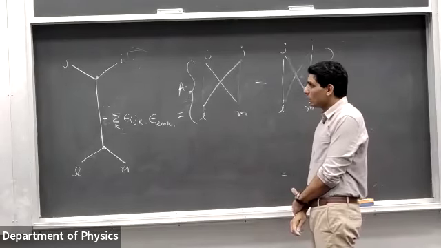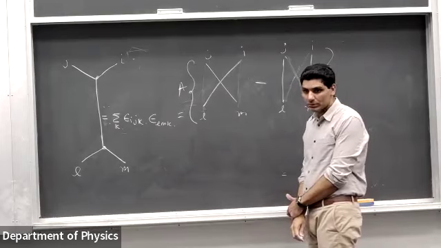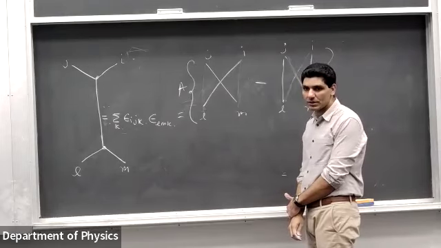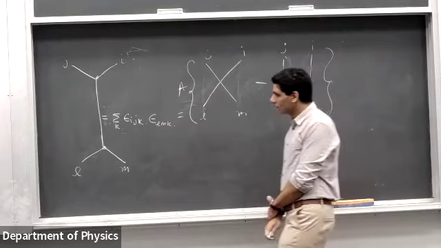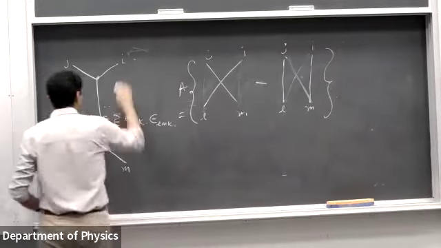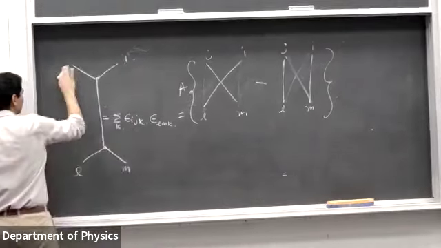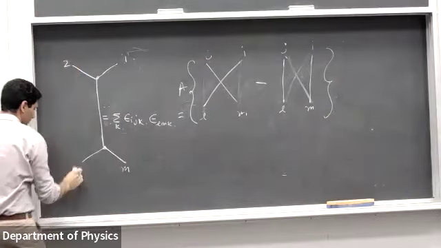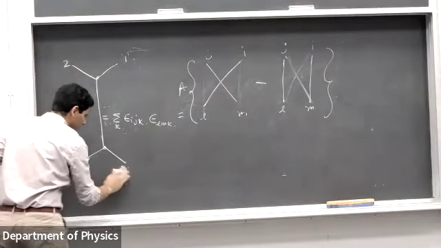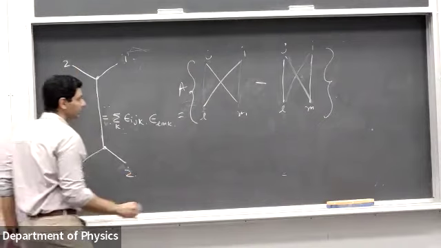But there's still this overall coefficient up front, which I don't know. Well, there's one way to figure it out. Just plug in some values of indices. So what I'll do is I'll plug in i equals 1, j equals 2, i equals 1, and j equals 2.